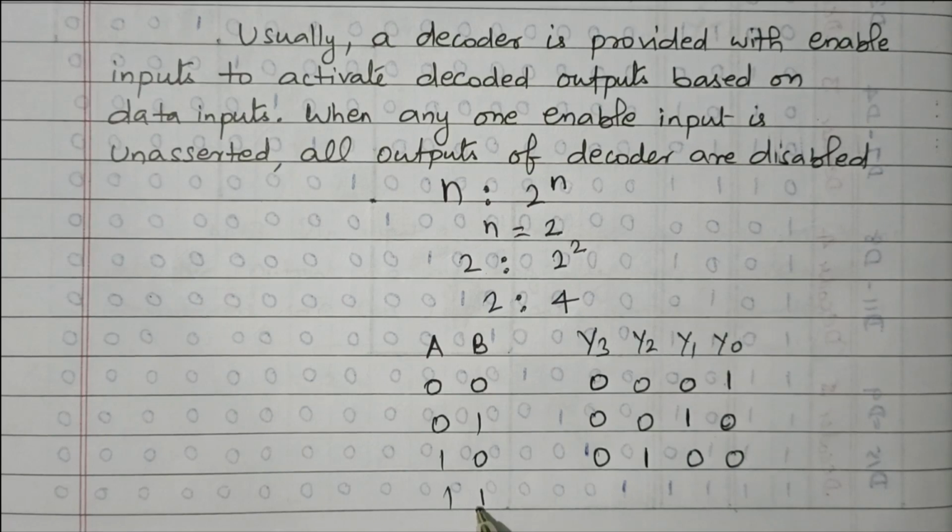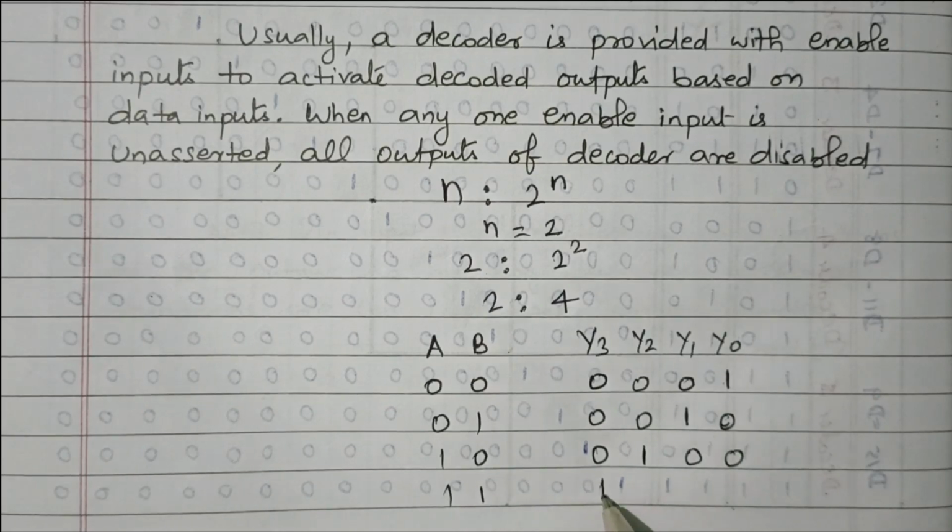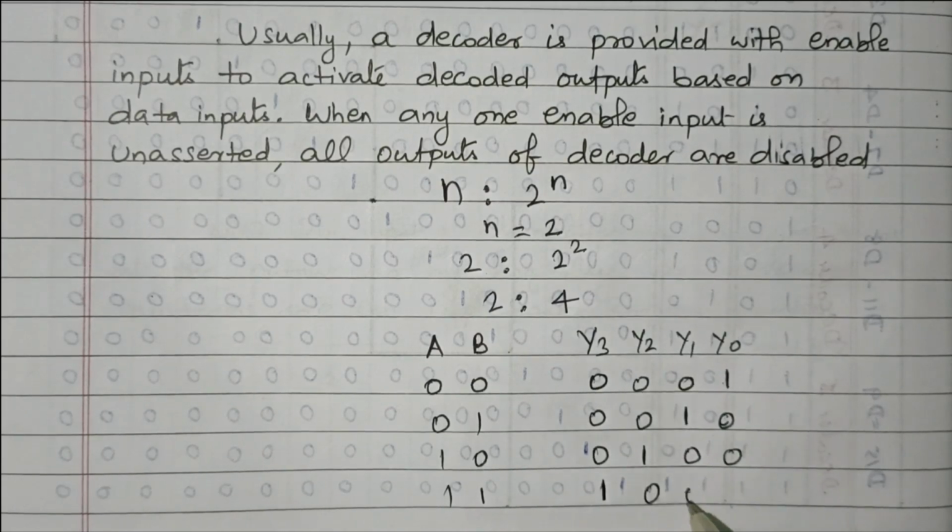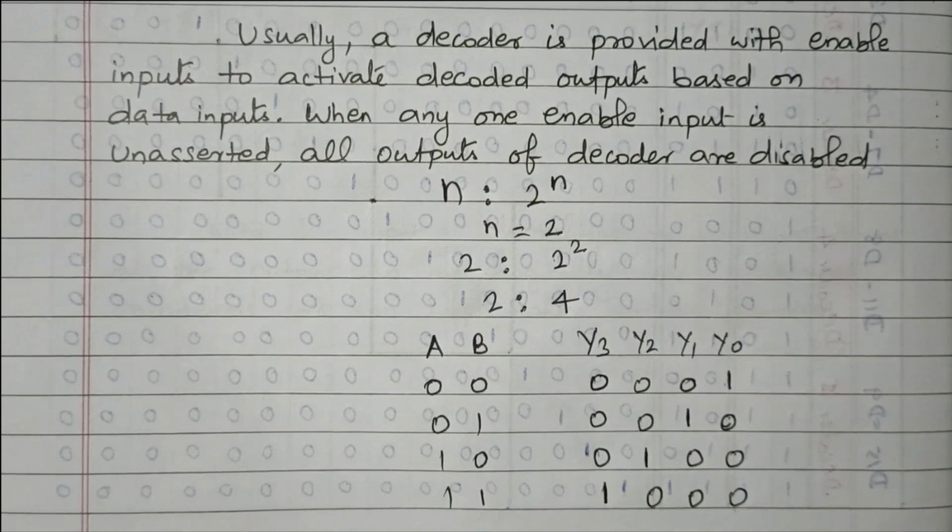If A and B is 1 1, Y3 will be 1, and the other outputs are zeros. So with the 4 possible inputs, we are getting 4 different outputs. That is, Y0 is 1, the others are 0; Y1 is 1, the others are 0; Y2 is 1, the other digits are 0; Y3 is 1, the other digits are 0. So we are getting 4 possible outputs.